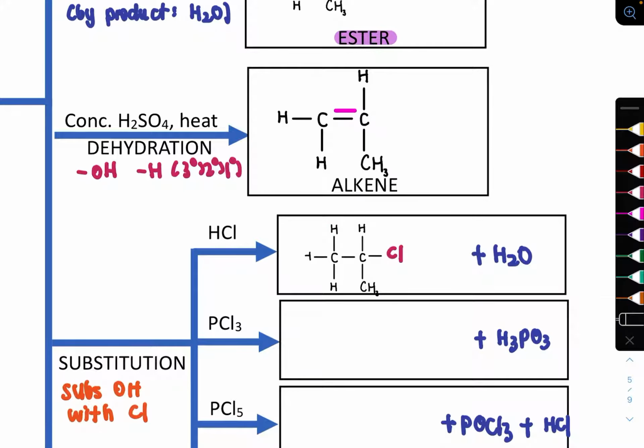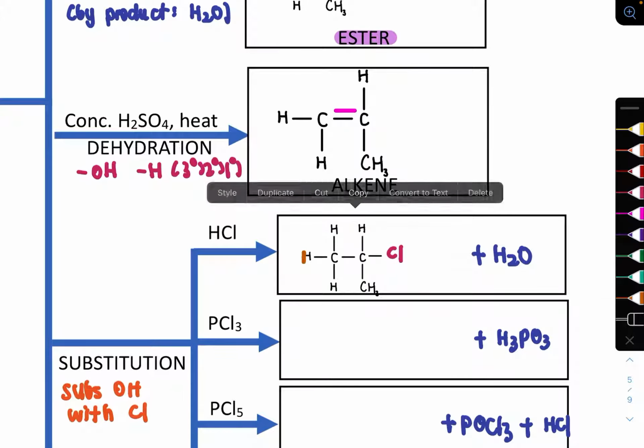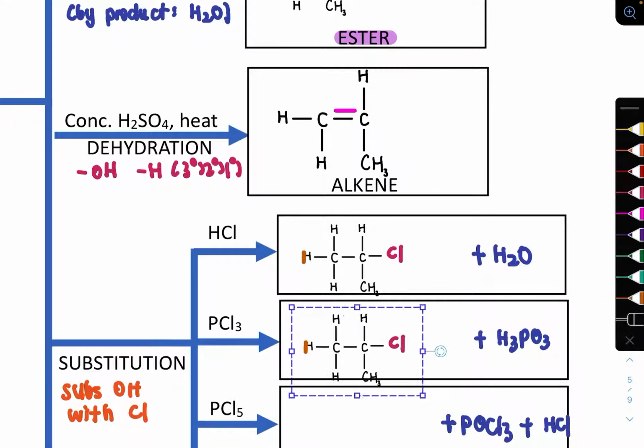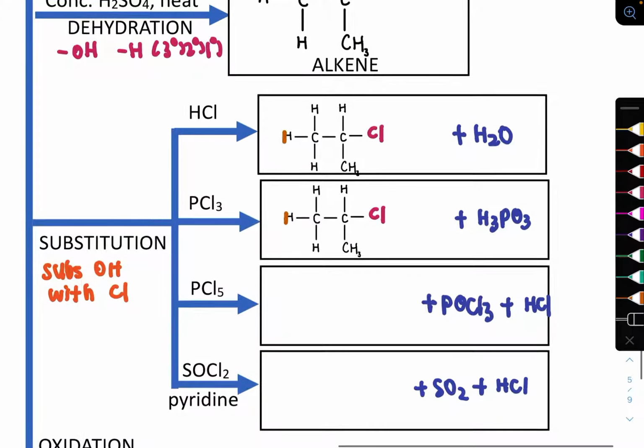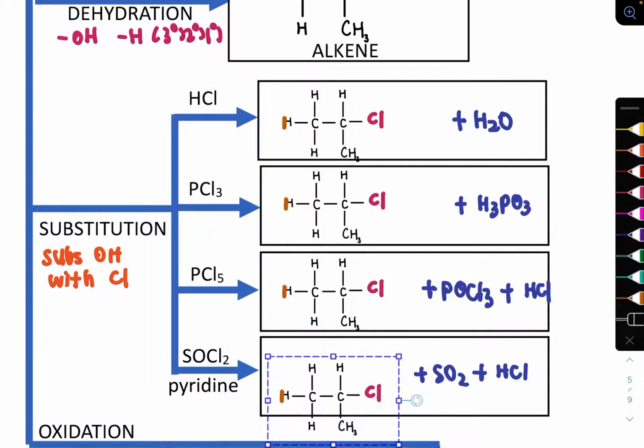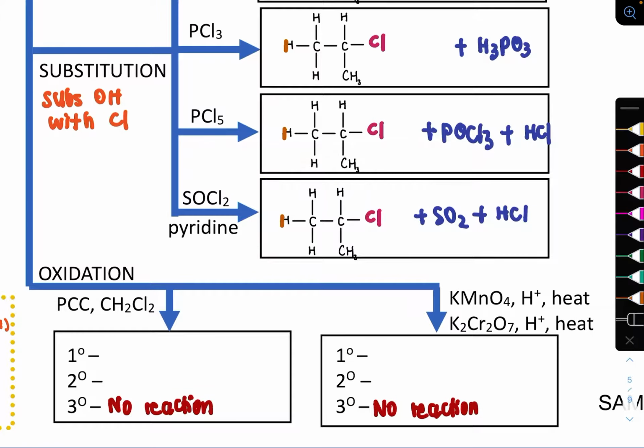Okay. So semua ni sama sahajalah. Our product is the same one. So I'm just gonna remove this one. Copy paste sahaja. Okay, sama juga. Paste. So the same one. So memang sama sahaja. We're gonna substitute OH dengan chlorine.